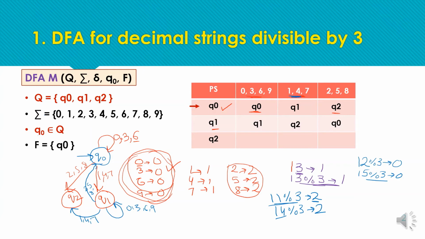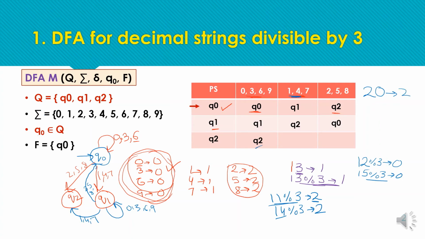From the state Q2, being on Q2 means we are having the remainder as 2. For the first set of symbols, suppose I get 0, the remainder will be 2, and we should move to the state Q2.